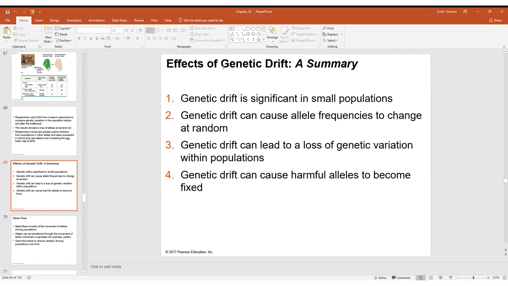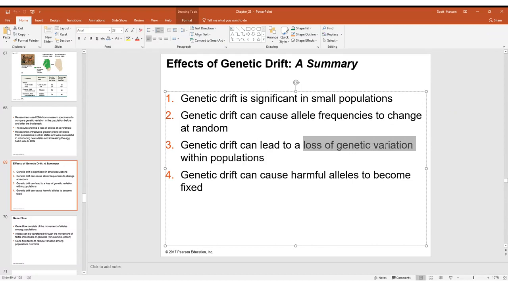So genetic drift then, the effects of genetic drift. Genetic drift can be significant, especially in small populations. It can cause allele frequencies to change at random. It's a random change, and it can lead to a loss of genetic variation. We've seen that in a number of examples.